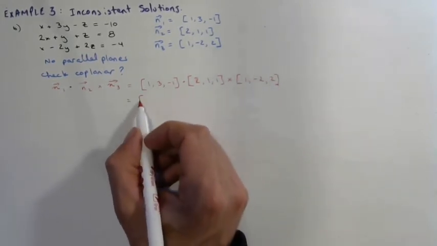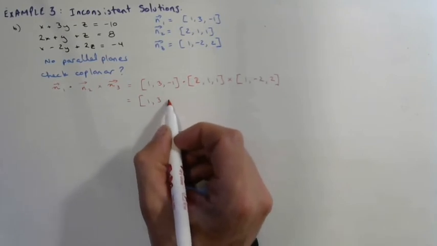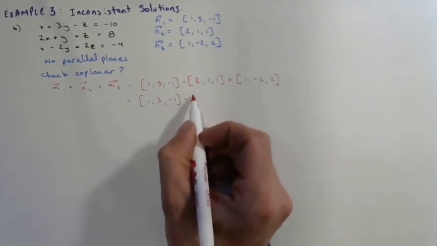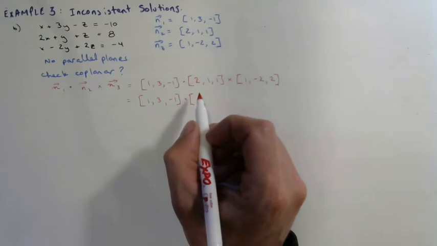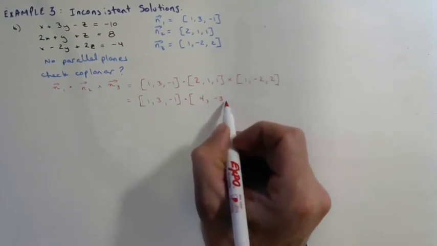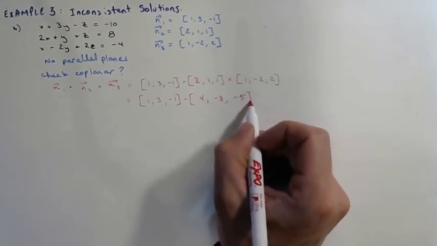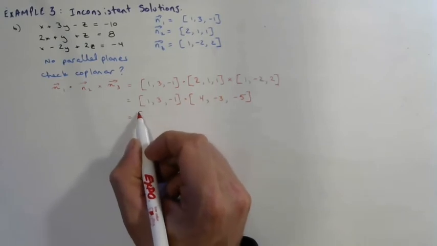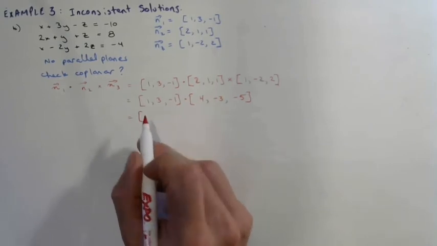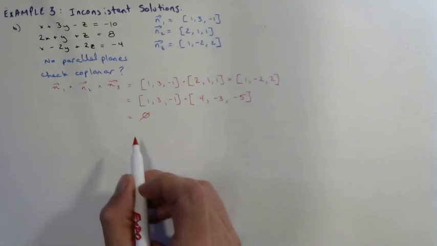Take my cross product first. The cross product here is 4, negative 3, negative 5. And the dot product of those is 0.